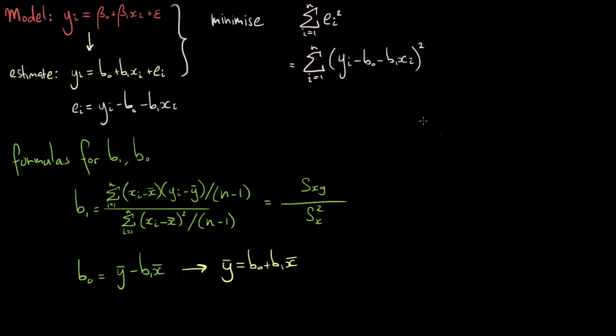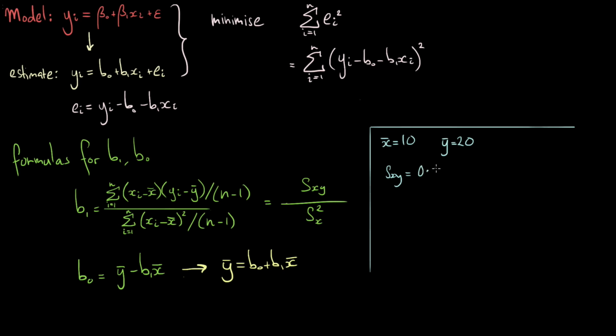So let's suppose that I've collected some data, and in that data, the sample mean of x is 10, the sample mean of y turns out to be 20, and I compute the sample covariance of these two variables, S subscript xy, and it turns out to be 0.9. Okay, and I compute the sample variance of my variable x, and it turns out to be 0.3.